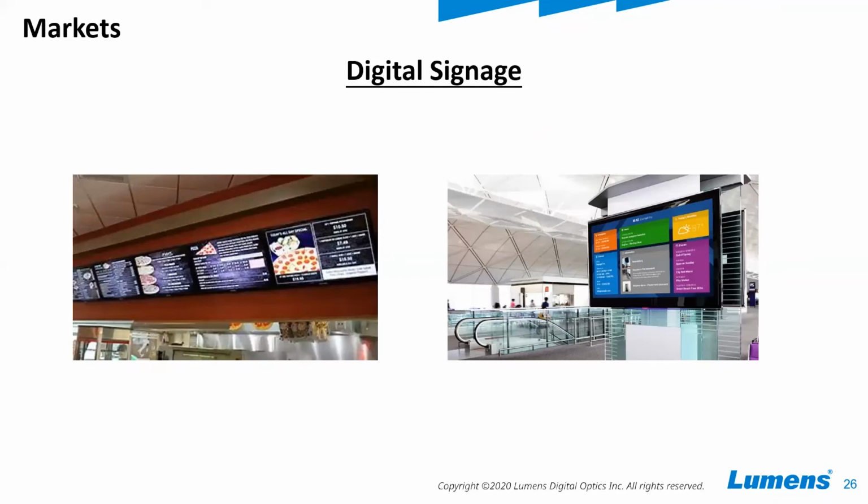So in any situation where multiple panels are needed to show a video source, our encoders and decoders can be used to make it a very easy installation and a very clean type of production for the customer.